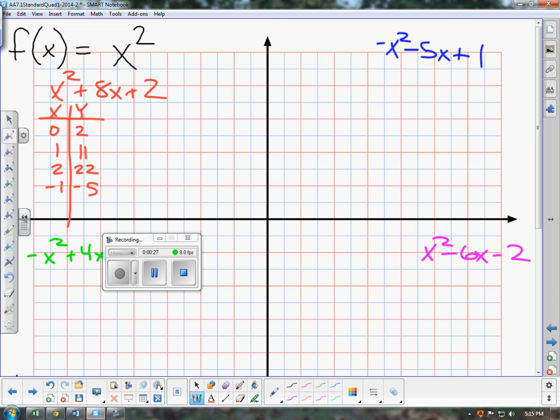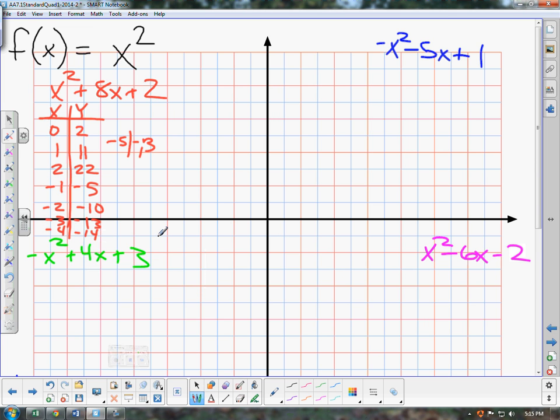And at negative 2, it should be a negative 10. And a negative 3 should be a negative 13. A negative 4 should be a negative 14. And a negative 5 should be a negative 13 again, which starts the whole process of going back up.